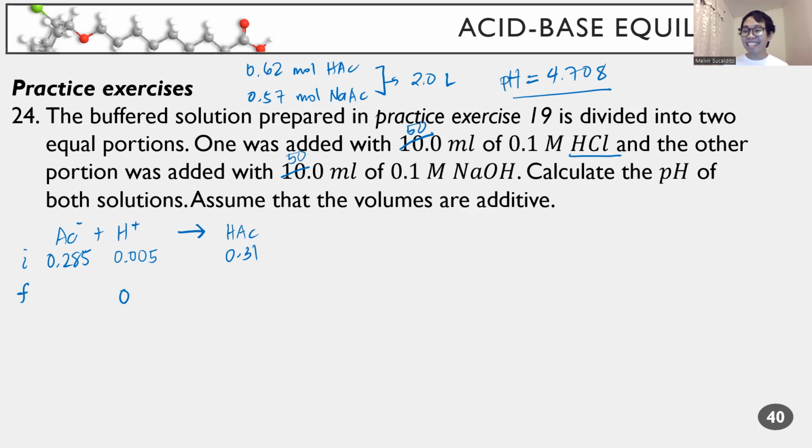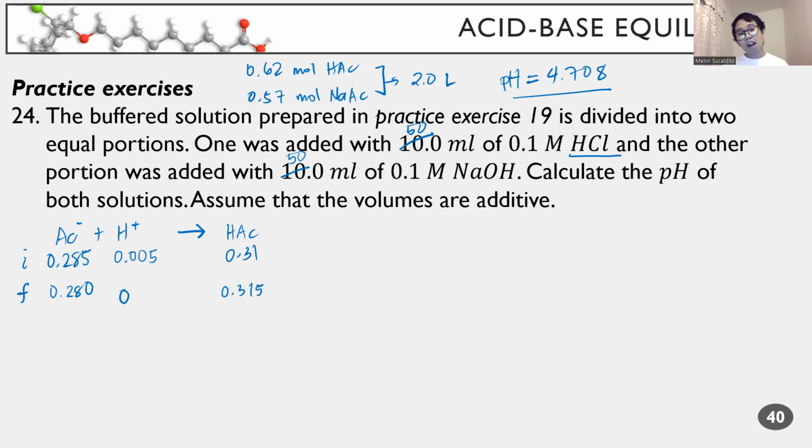Now, ilan na lang yung acetate na matitira after the reaction? Ma-react po yung 0.005, so matitira po is 0.280. And how many molecular acetic acid will be formed? The 0.005 will be formed, so there will be 0.315.